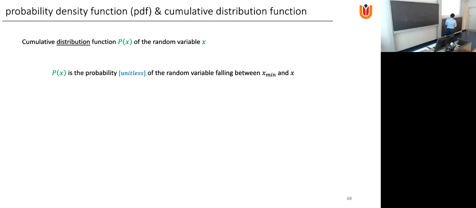Another useful function is the cumulative distribution function of the random variable, and that is the cumulative probability, so the added probability that the random variable falls in an interval that begins with the minimum value up to some value x. So if you would apply that to the path length, for example, step sizes can take values from 0 to infinity in principle.